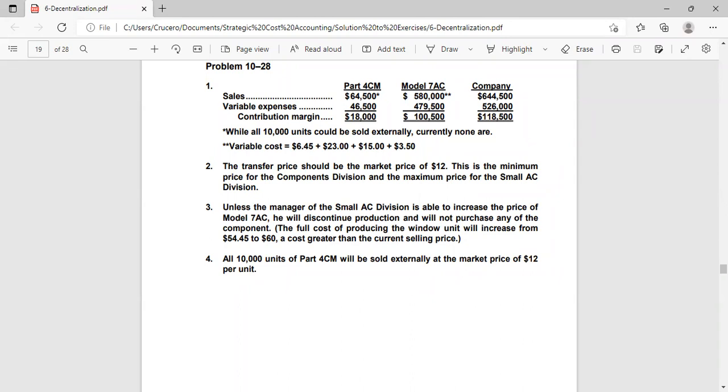All the components produced by the division can be sold to outside customers. However, from the beginning, about 70% of its output has been used internally. The current policy requires that all internal transfers of components be transferred at full cost.